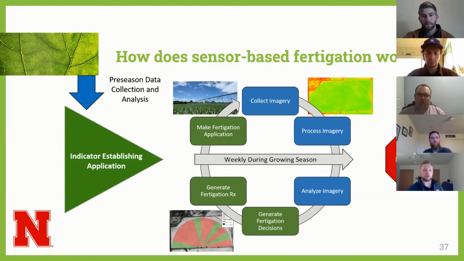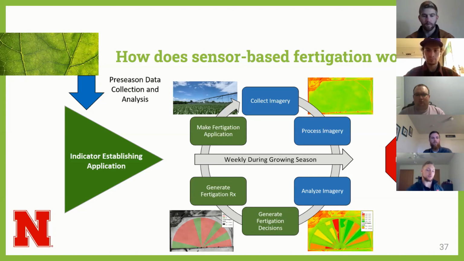That weekly cycle consists of collecting imagery, an example of which is shown in the top right corner. We then process that imagery, which requires stitching, like what Elliot and Sam referenced earlier. We analyze that imagery using the analysis algorithm that we've created, and then we generate fertigation decisions for every managed field subregion or for the whole field.